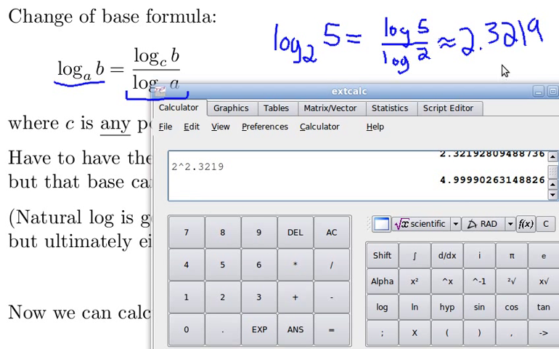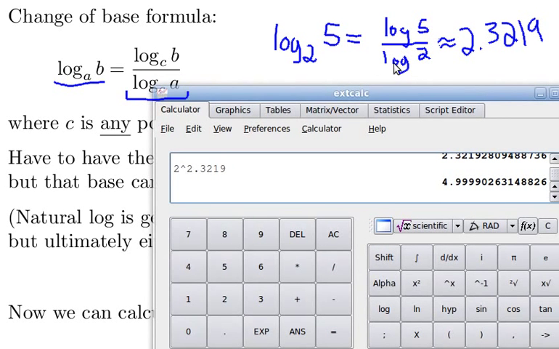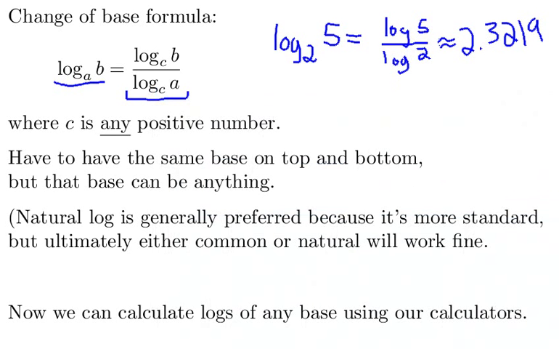Now remember that this was an approximation. I didn't write out the complete thing. And same thing here, it's pretty close to 5. It's not exactly 5 because I didn't write down every single little thing here. So that's an example of using the change of base formula. And again, it can be common log, it can be natural log.